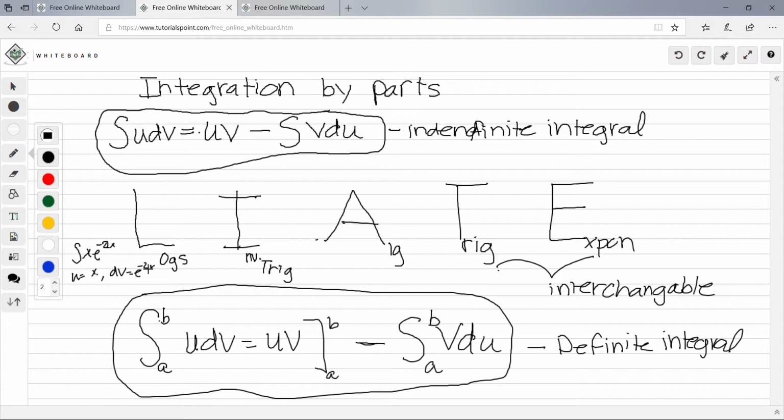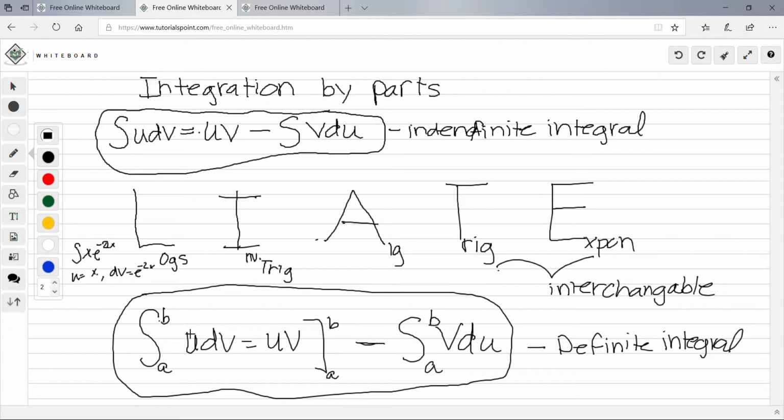You just have to remember that u is the one that won't get complicated, because when you take the derivative of x, du is just 1. You wouldn't use cosine as your u because it could keep on going. I'll show you when we do the examples.